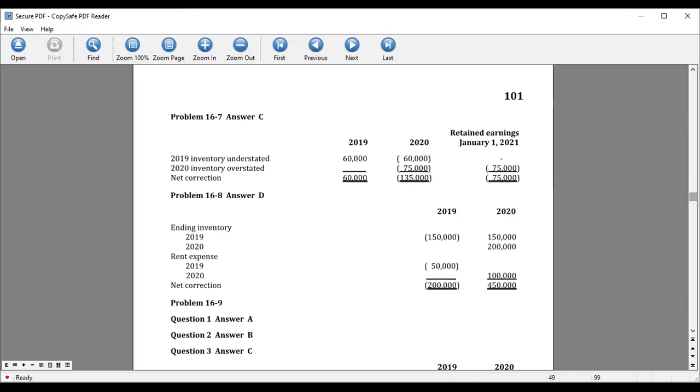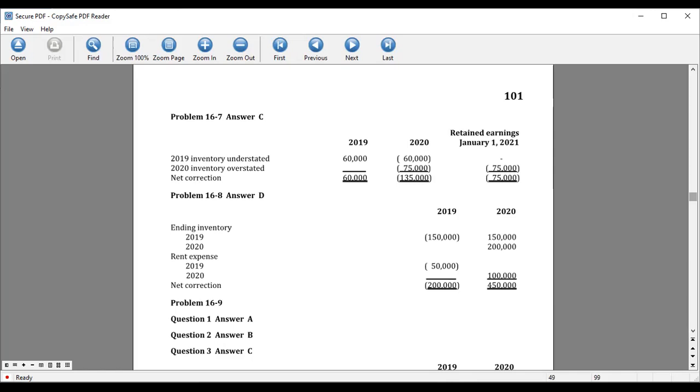Then we have 16-8. If none of the errors were detected or corrected, by what amount will 2020 net income be overstated or understated? In other words, if the errors were not detected or corrected, what will happen to the net income of 2020?